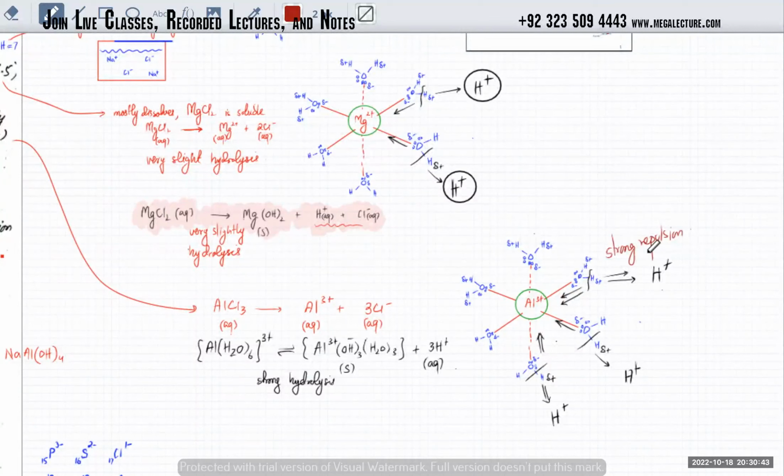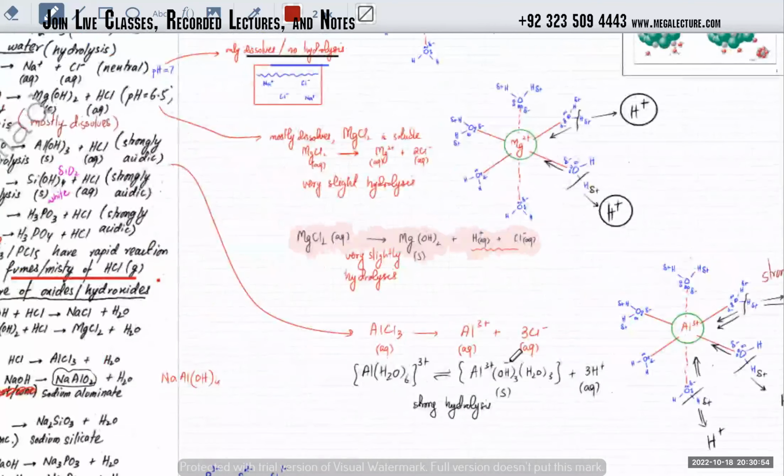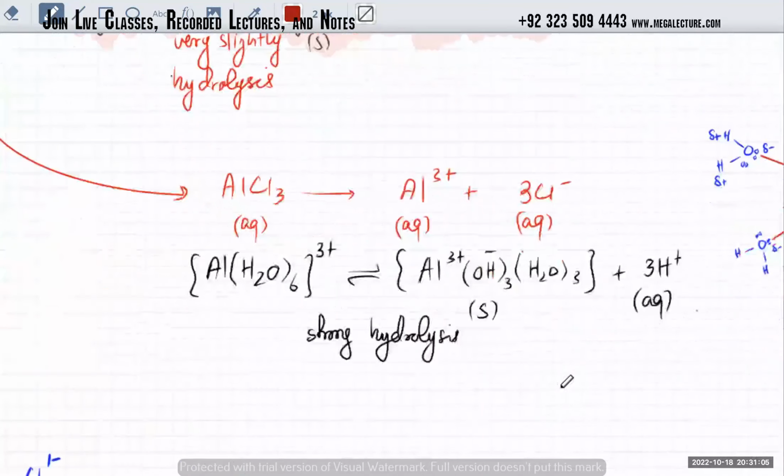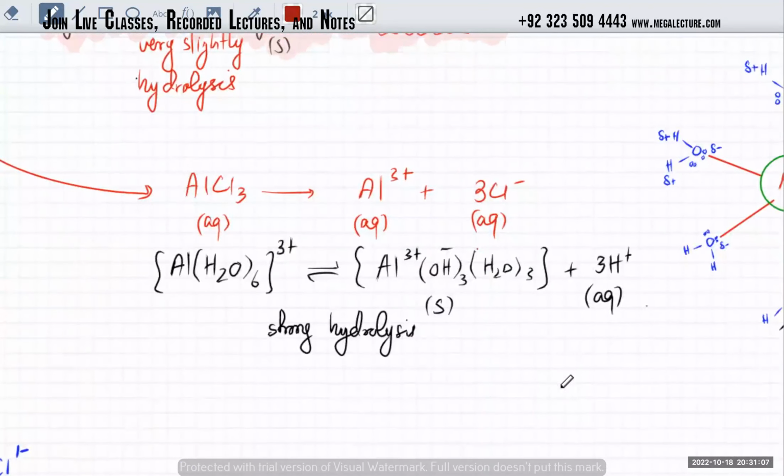You've got a very strong hydrolysis, and a lot of the H+ ions are going to get repelled. So remember all of these reactions. And this one is a solid. The aluminum hydroxide is a solid. So that's your white precipitate getting formed.